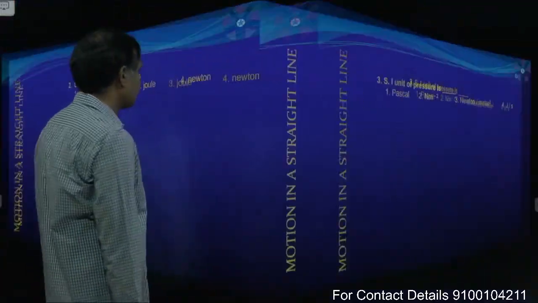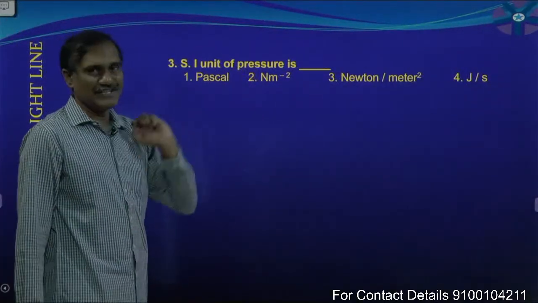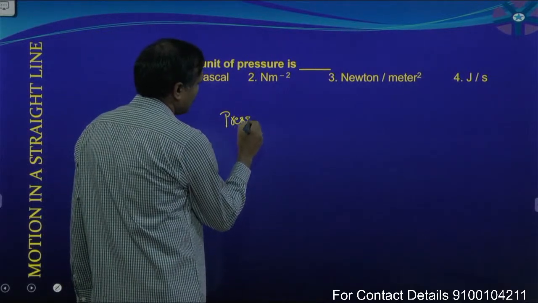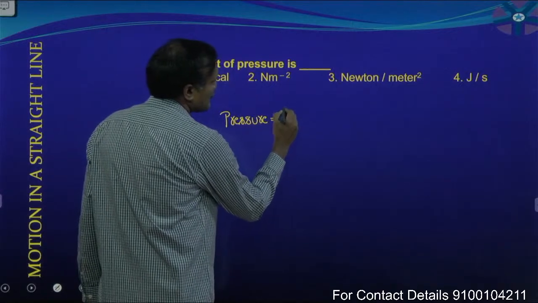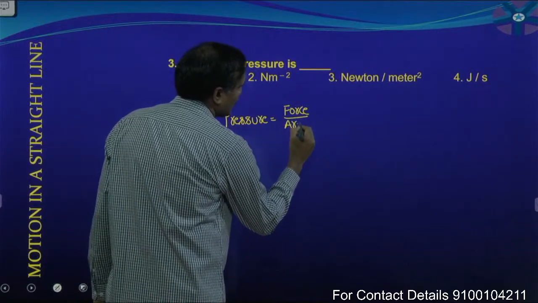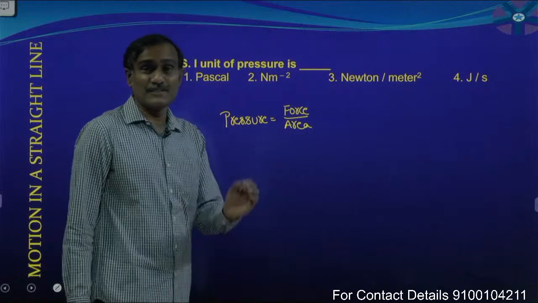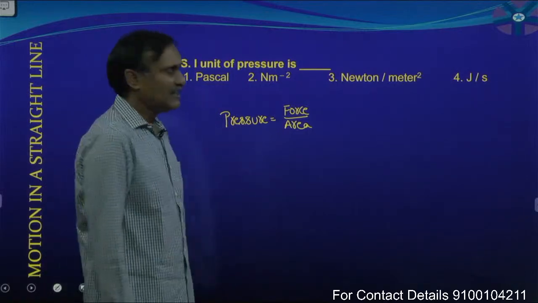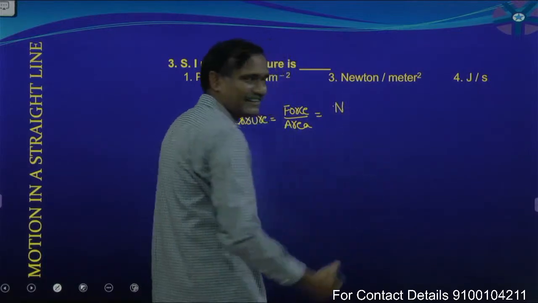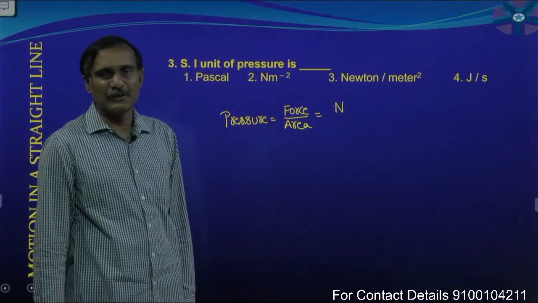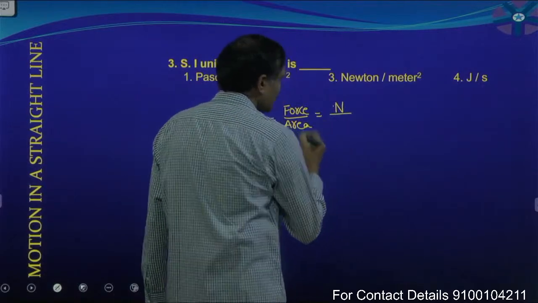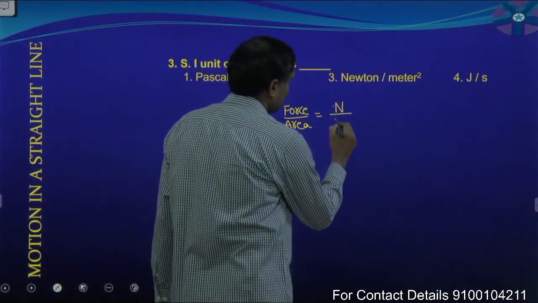Okay, next one. SI unit of pressure. What is meant by pressure? Pressure is nothing but force per unit area, that is force divided by area. Now, what is the SI unit of force? Newton, capital N, because I want to use it as a symbol. So, it is capital N divided by the unit of area, meter square.